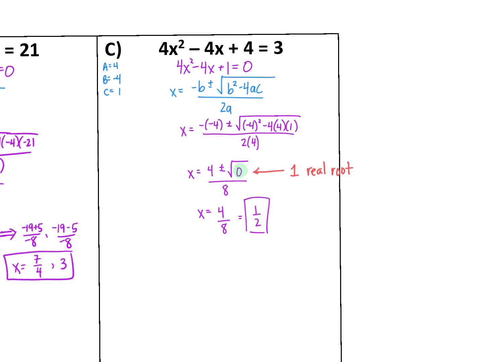Now, if you had looked at the very beginning, you would have possibly seen that this is a perfect square trinomial, and that would have factored into 2x minus 1 squared.